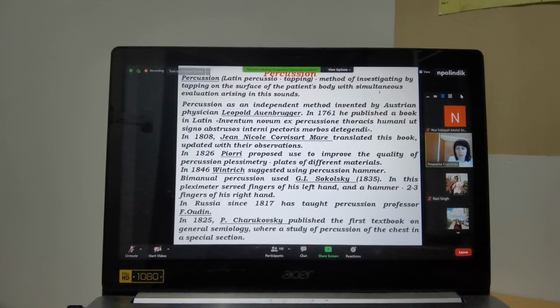Okay, next about percussion. It is a tapping. About the discovery of this method, you can see it was discovered by the Austrian physician Leopold Auenbrugger in 1761, and we now use different types of percussion.